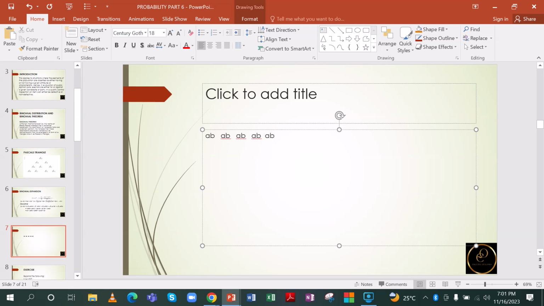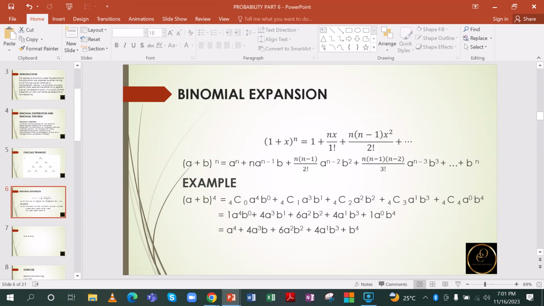So how many are these? AB, AB, that's 2, 3, 4, 5. So that's what we are going to do. So when you look at this, you have 1, 2, 3, 4, 5.